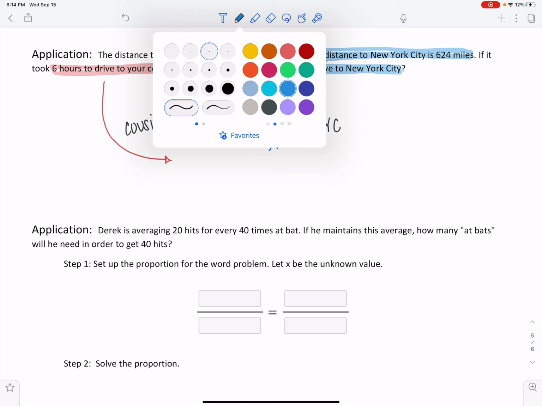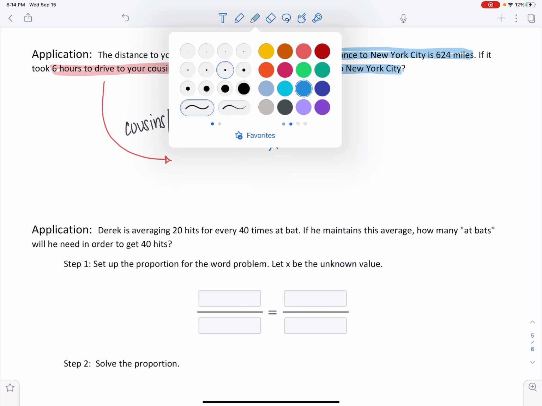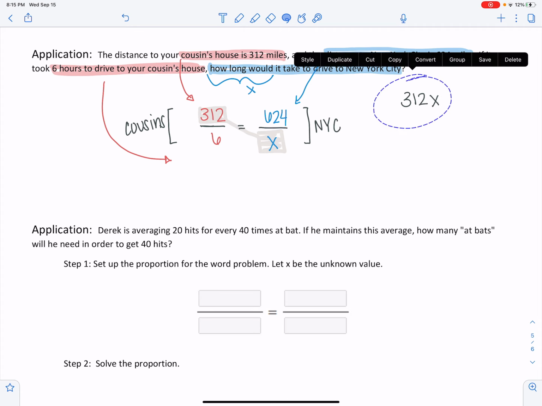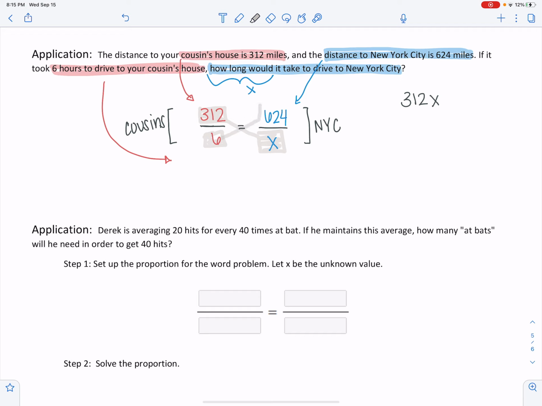And so I'm going to cross multiply. I like to multiply, if there's only one x, the side with the x on it first. So 312 times x is going to give me 312x. I'm actually going to write this over here. And then cross multiply on the other side, 6 times 624. 6 times 624 is going to give me a product of 3744.